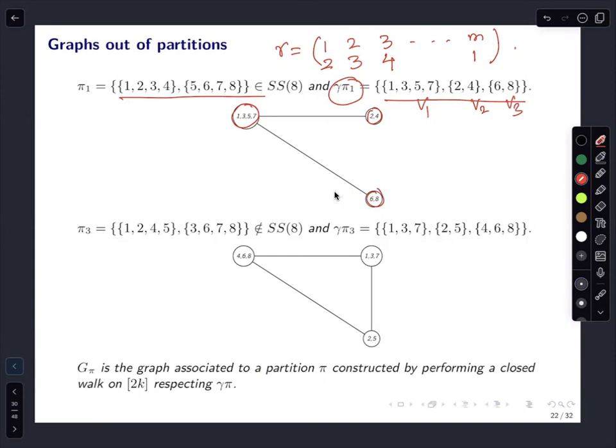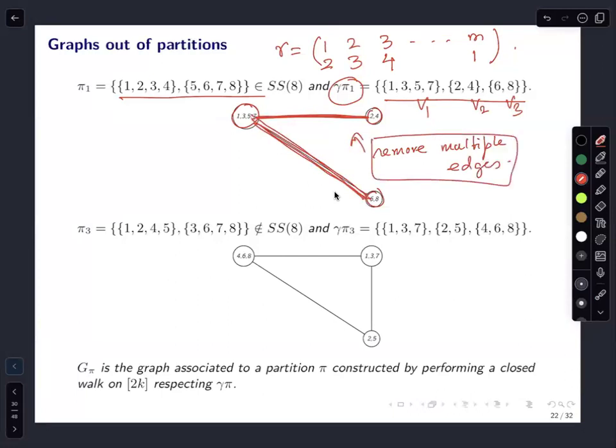So I travel 1 goes to 2, 2 goes to 3, 3 goes to 4, 4 goes to 5, then 5 goes to 6, 6 goes to 7, 7 goes to 8, and 8 goes to 1. And I remove the multiple edges. If I remove multiple edges, I create a graph like this.